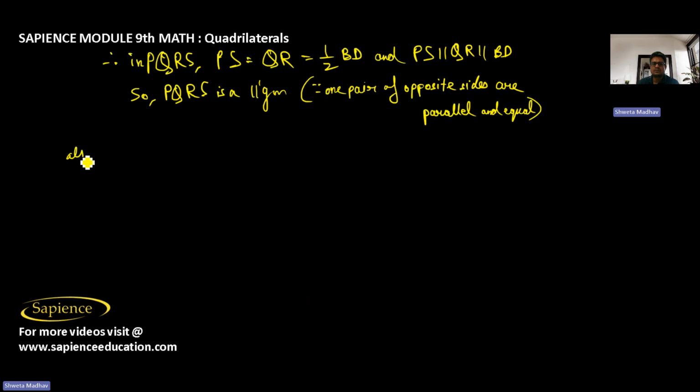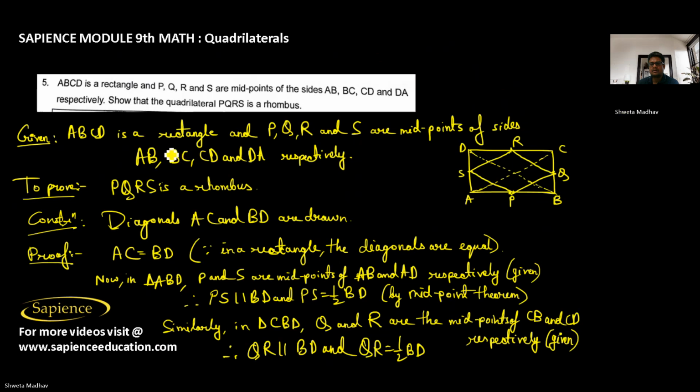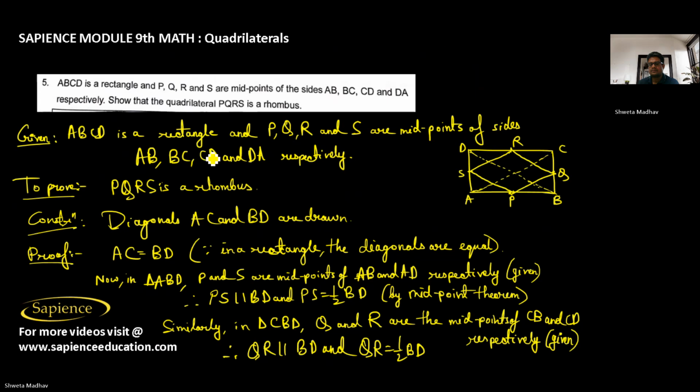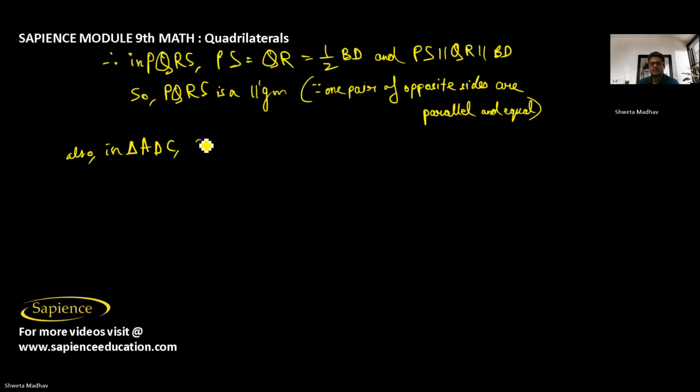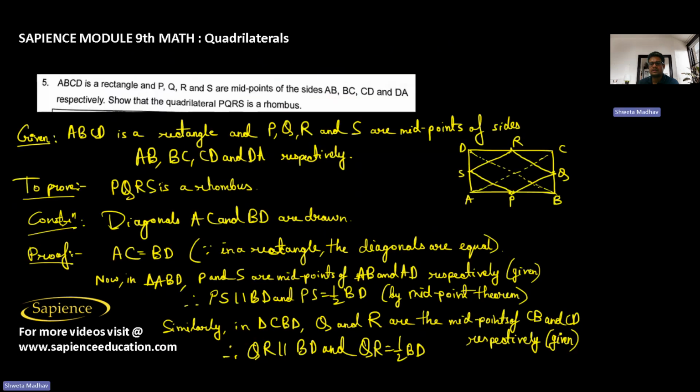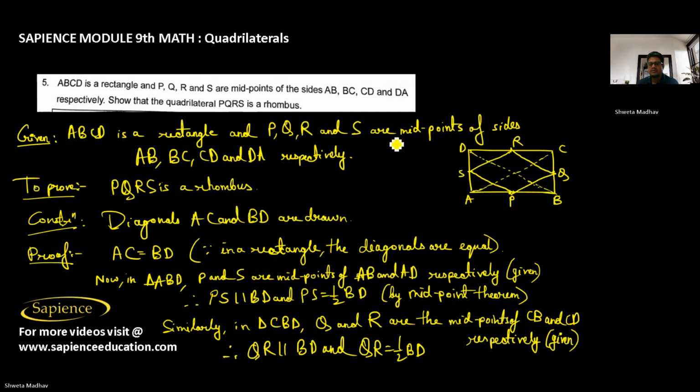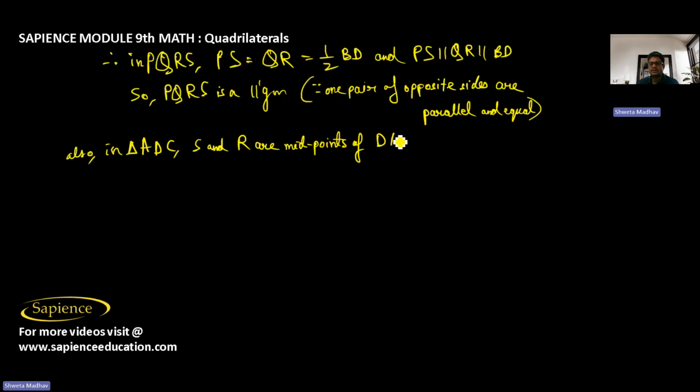And also in triangle ADC, S and R are the midpoints of the sides DA and DC respectively, since it is given.